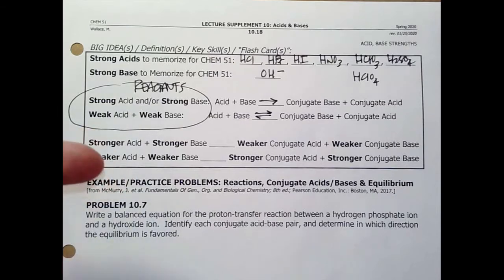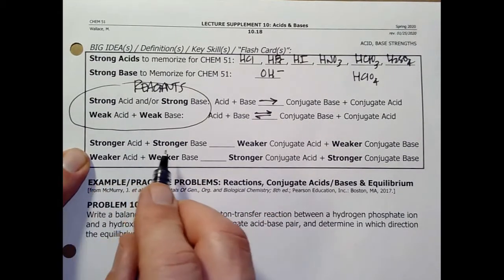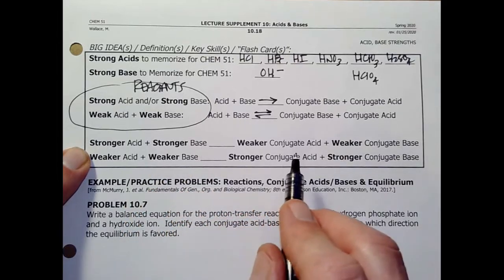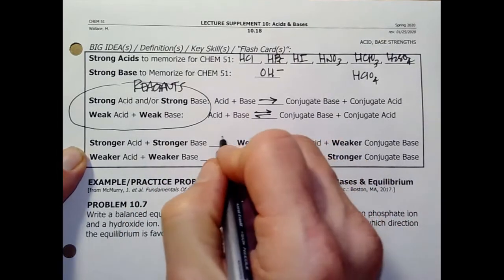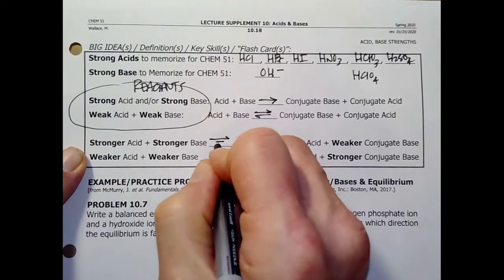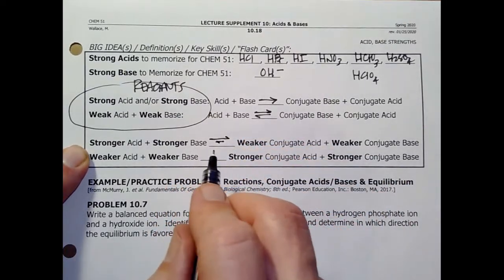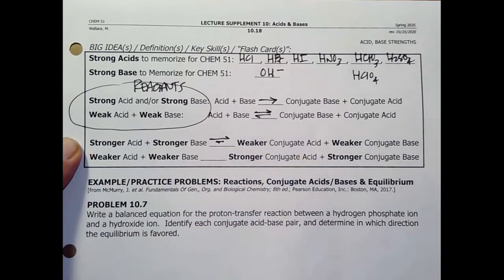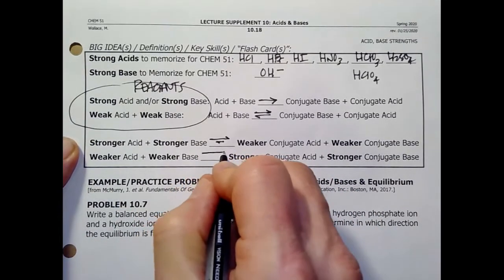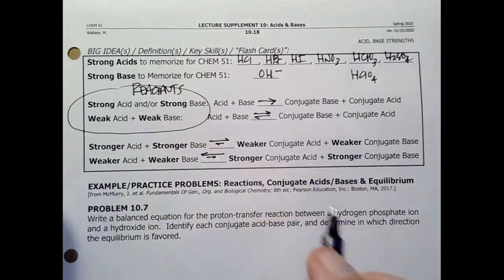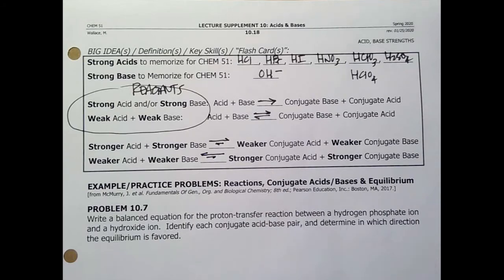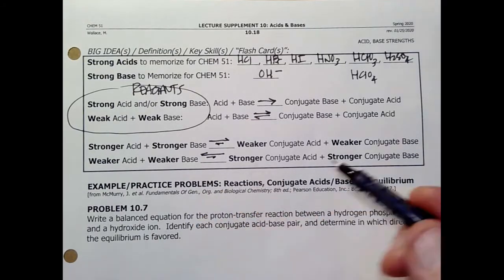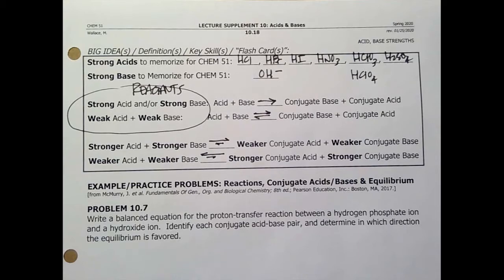As soon as one of them is strong, there's no equilibrium, it drives all the way. If they're both weak, then we have this wishy-washy condition. So this just emphasizes: stronger acid, stronger base, weaker conjugate acid, weaker conjugate base, the equilibrium favors producing more on the weaker side, or the stronger drives it. I can think of it the other way around. If I have a reaction that produces a stronger acid and a stronger base, it's not very likely. The equilibrium lies the other way.